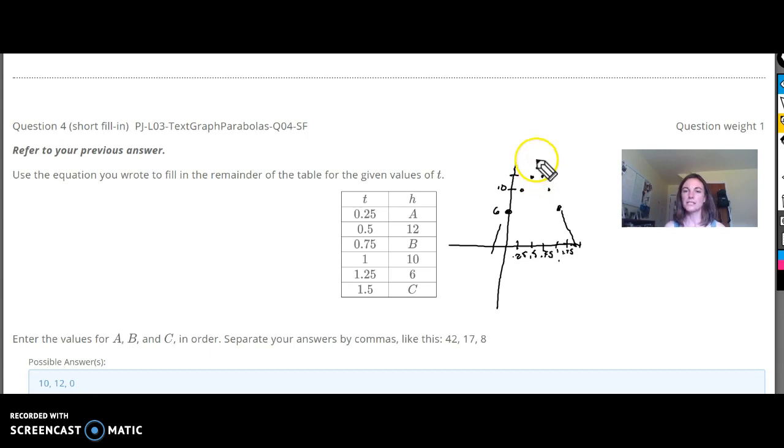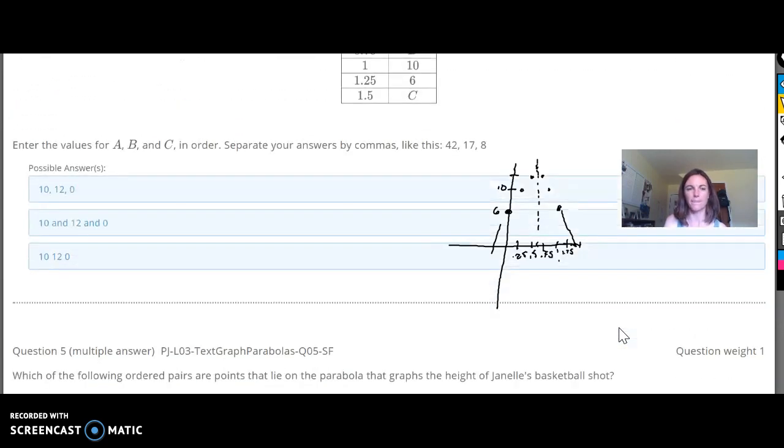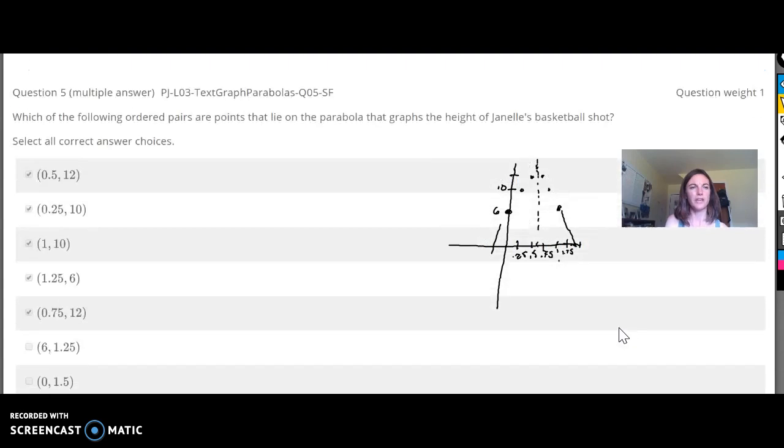So what you can see here is that parabolas are symmetrical about the vertex. So I'm going to scroll down with this, and we're going to just answer this next question. Which of the following ordered pairs are points that lie on the parabola that graphs the height of Janelle's basketball shot?